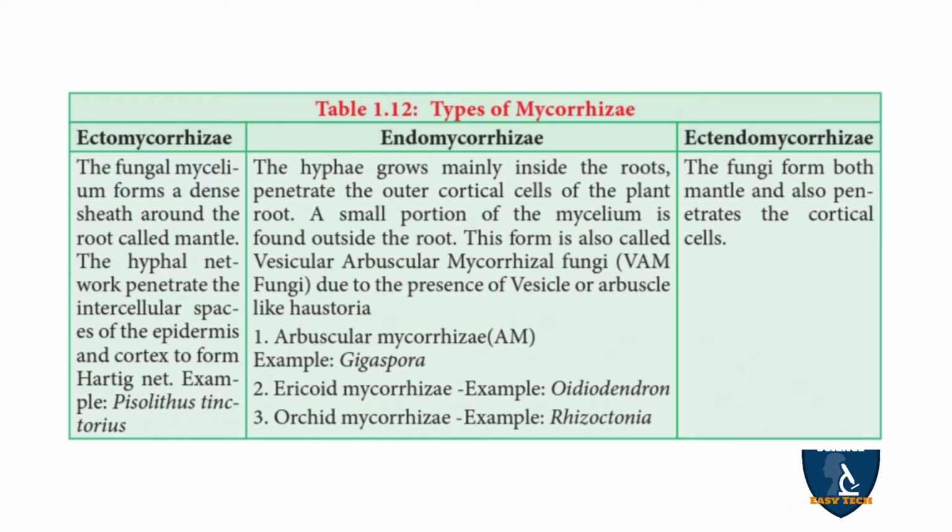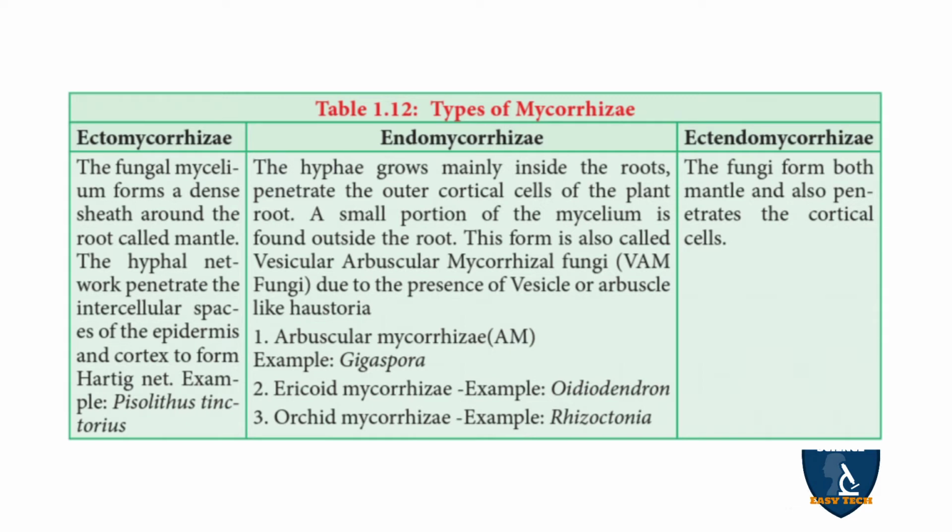Endo-mycorrhiza. The hypha grows mainly inside the roots and penetrates the outer cortical cells of the plant root. A small portion of the mycelium is found outside the root. This is also called vesicular arbuscular mycorrhizal fungi, VAM fungi, due to the presence of vesicles or haustoria-like structures.